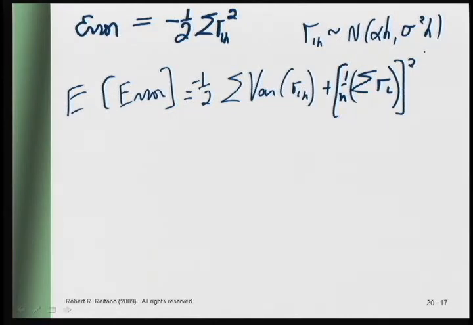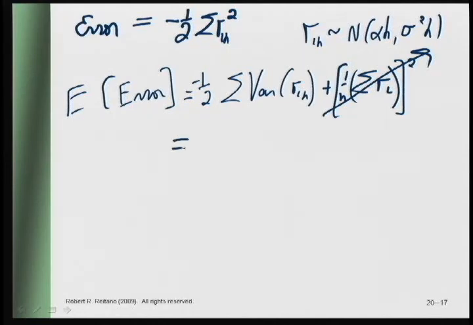In other words, we are using the formula that the variance is equal to the second moment minus the mean squared. So here what I'm looking for is the expected value of the error, which is the second moment, and I'm saying that that's equal to the variance, and then I have a mean squared term. Because I'm going to let n go to infinity, I'm going to ignore that.